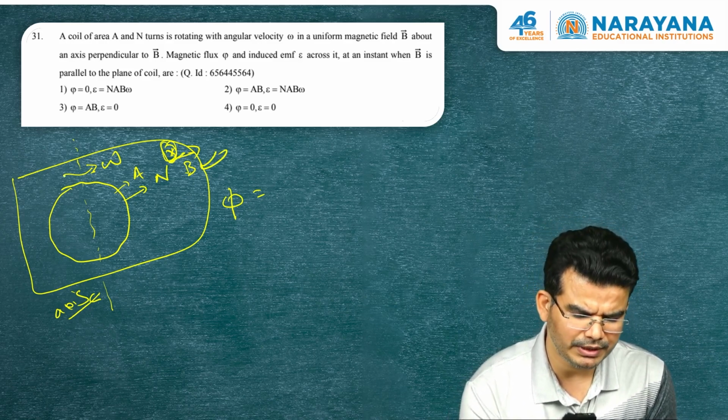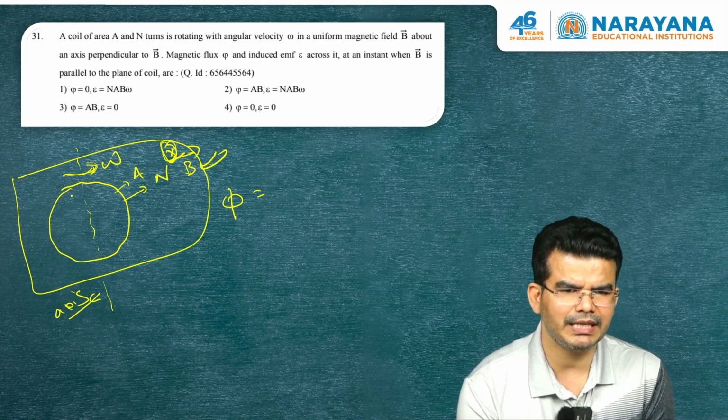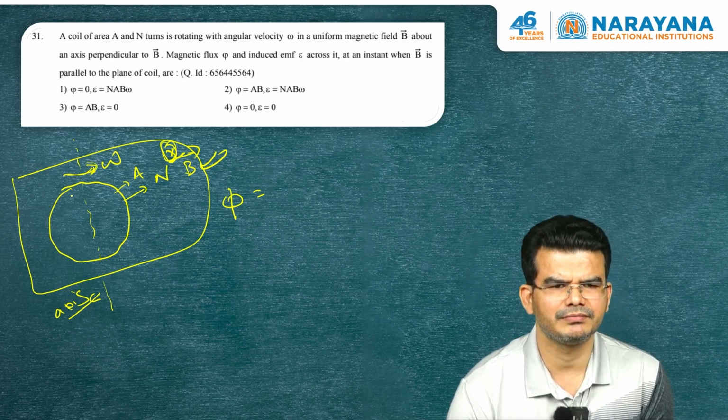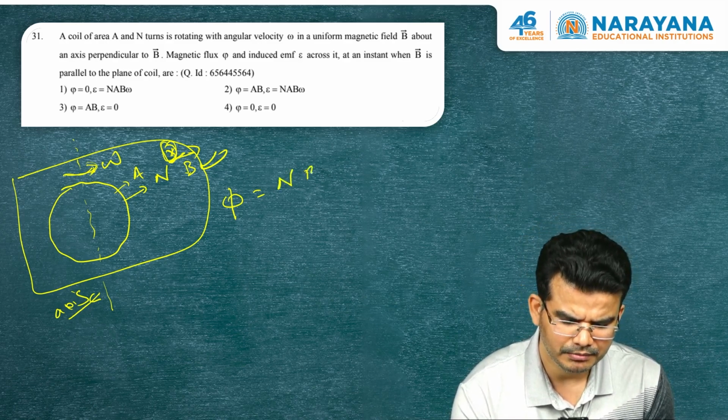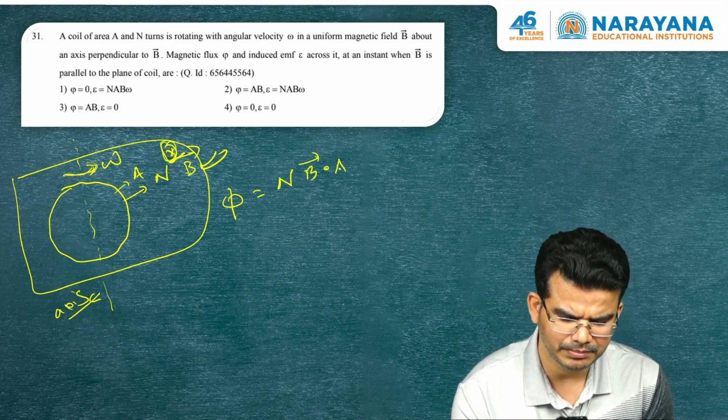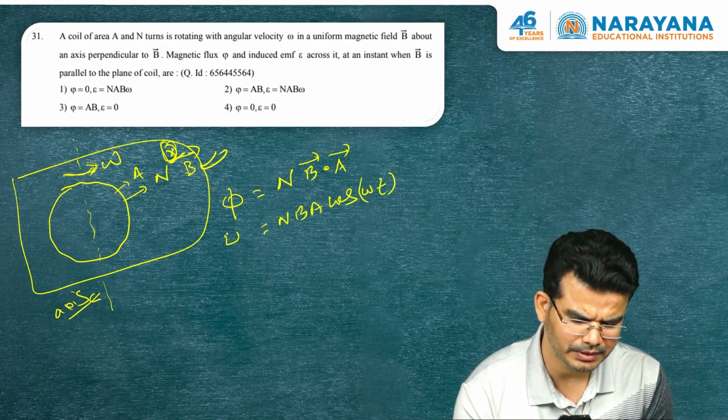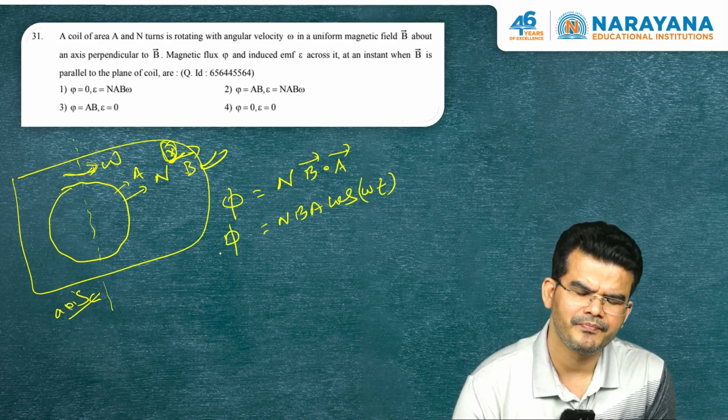Now, if it is rotating with omega, after some time it will rotate by an angle theta equal to omega t. At that time flux will be N B dot A, that is N B A cos of theta, and theta is omega t. Very simple. This is the flux.